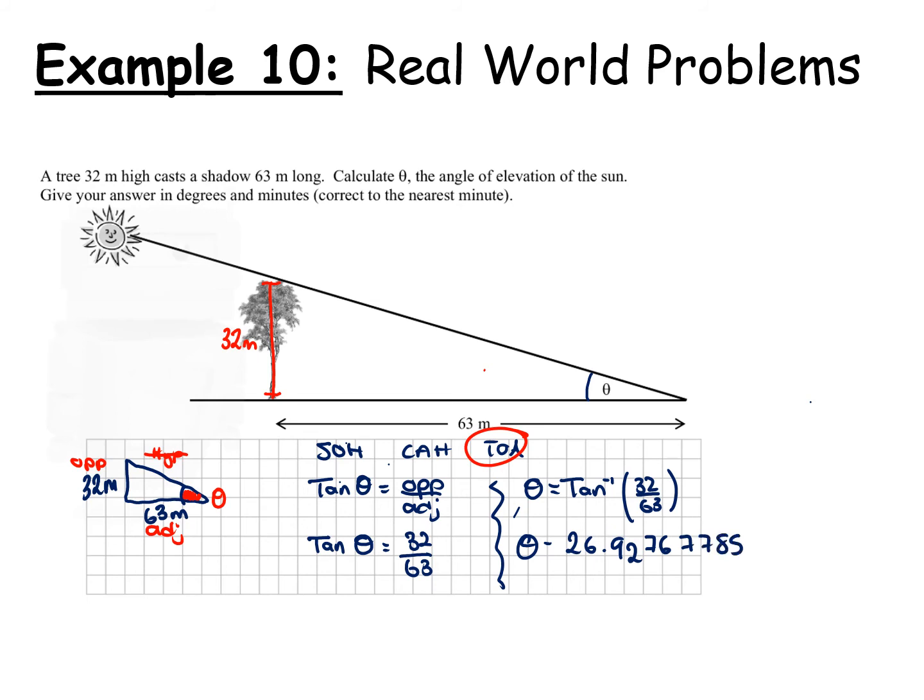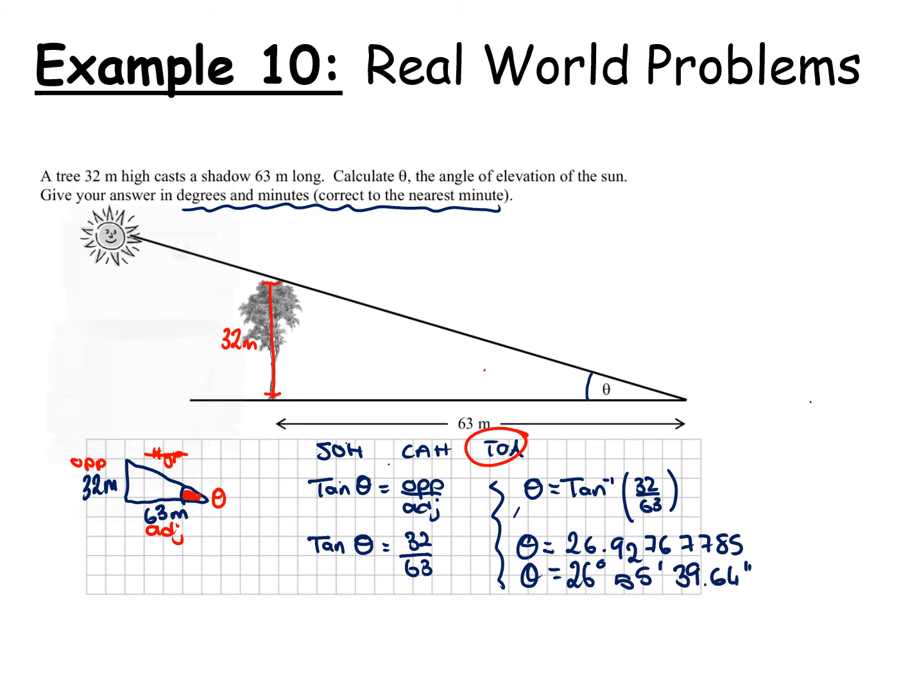26.927677785. Now, just be careful, they've asked us to give our answer in degrees and minutes correct to the nearest minute. So what we want to be able to do here is to convert that answer into degrees, minutes, seconds. So what we're going to use is your degree, minute, seconds button on the calculator. And when you do that conversion, you're going to find that theta is given as 26 degrees, 55 minutes, and 39.64 seconds.